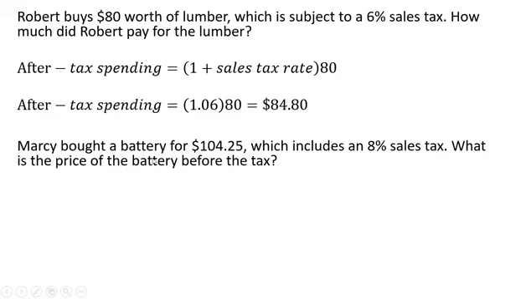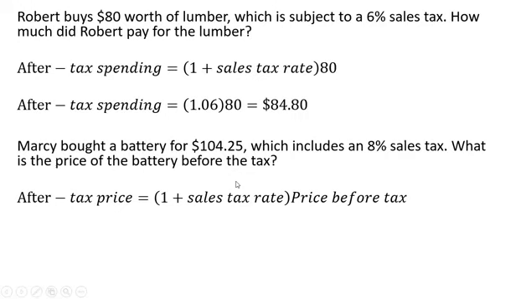Another example, Marcy bought a battery for $104.25, which includes an 8% sales tax. What is the price of the battery before the tax? So the after-tax price we know is going to be $104.25. We know the sales tax rate is going to be 0.08. We're trying to solve for the price before tax.